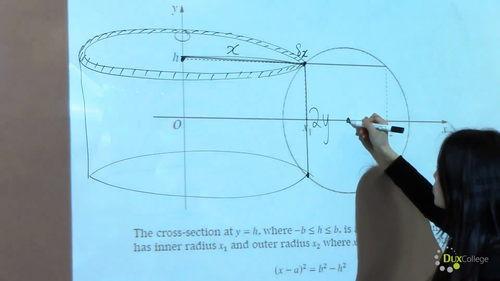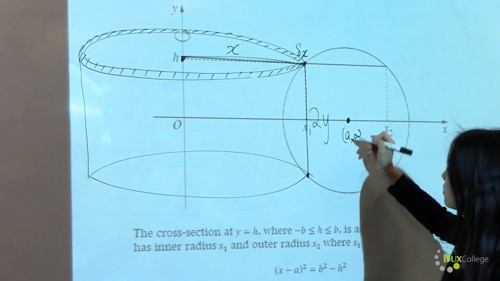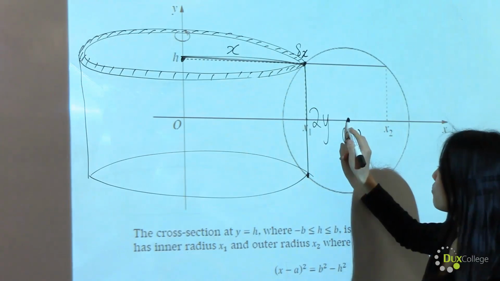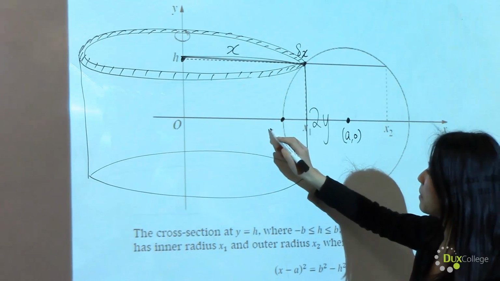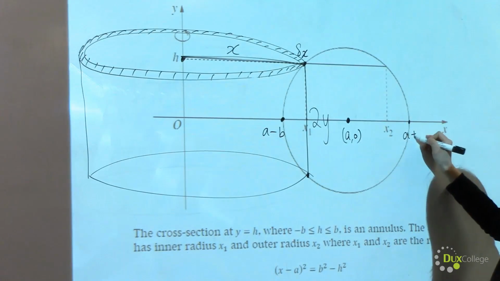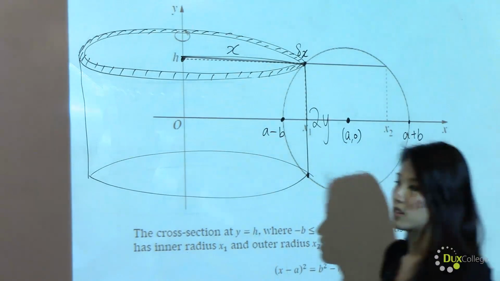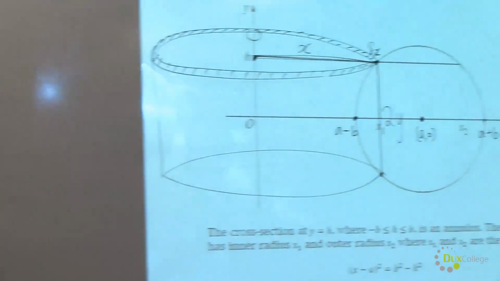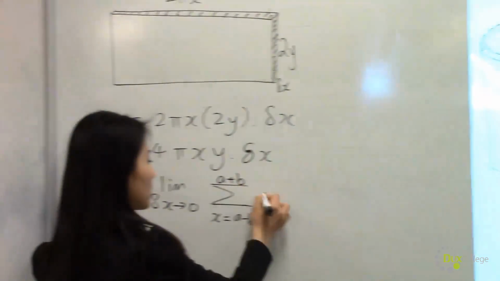Now the center of the circle is (a, 0), okay, and the radius is b. So from here to here, this point must be a minus b, and this point here must be a plus b. So we are summing this up from x equals a minus b to a plus b.